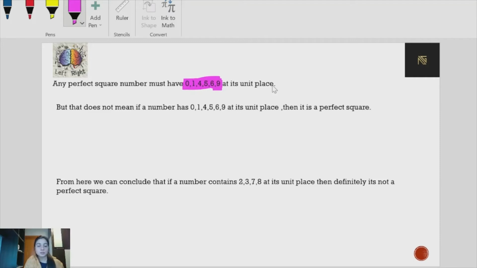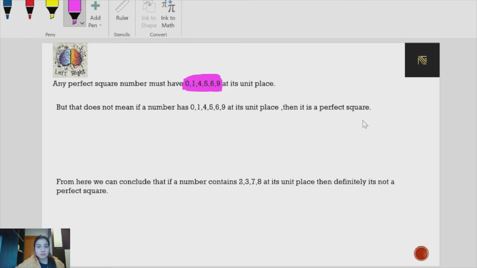If a number is a perfect square number, if we can represent it as a product of two same integers, then that number's unit digit will be from this group only. Clear? But that doesn't mean that if a number has just this unit digit, then it is a perfect square, because the criterion for a perfect square is that it must be a product of same integers.